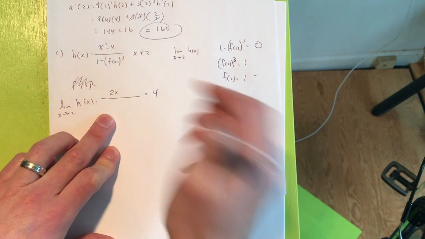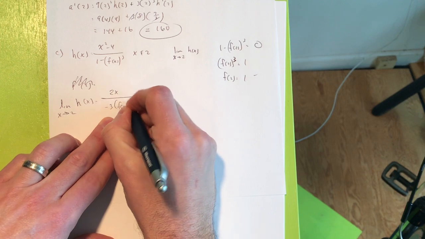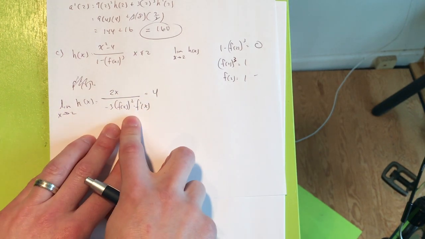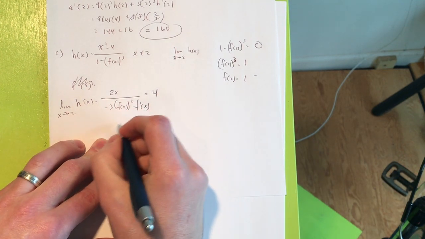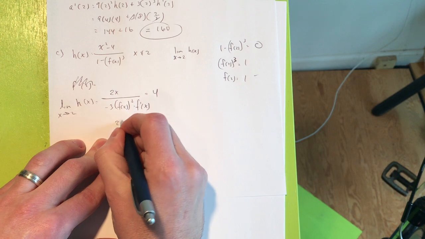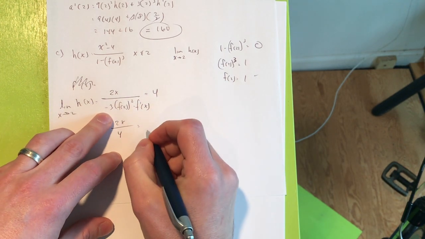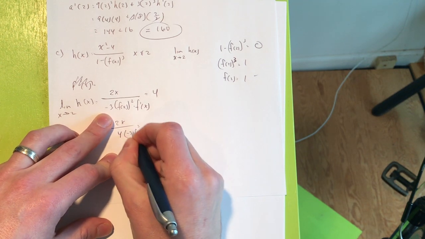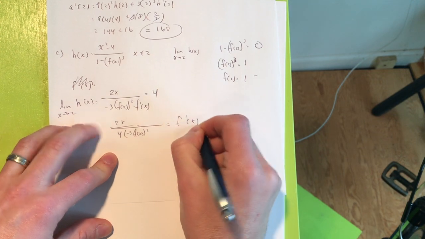So we know that this equals 4 at 2 from the very start. The derivative of the denominator is going to be negative 3 f of x squared times f prime of x. Chain rule in there. Working through, we know this equals 4, so we've got 2x over 4 equals, I'm going to cross multiply. That's negative 3 f of x squared, it's sloppy, I recognize, equals f prime of x.